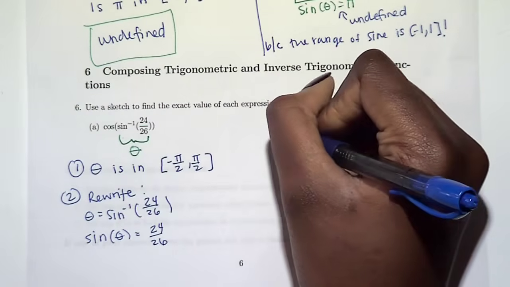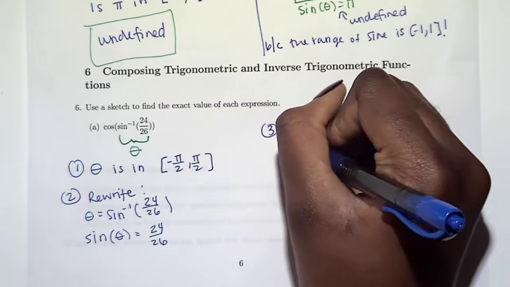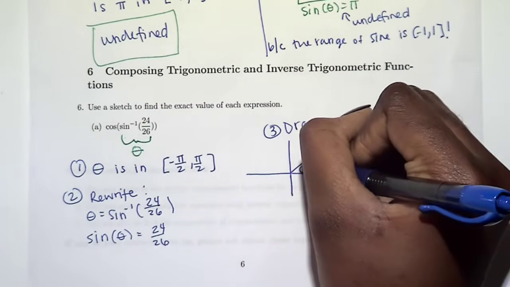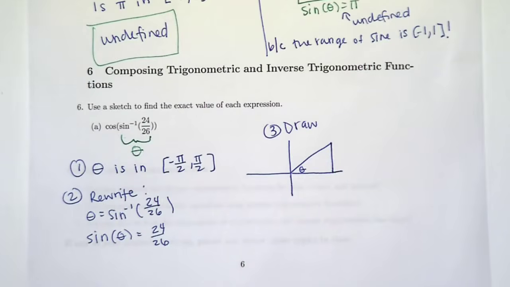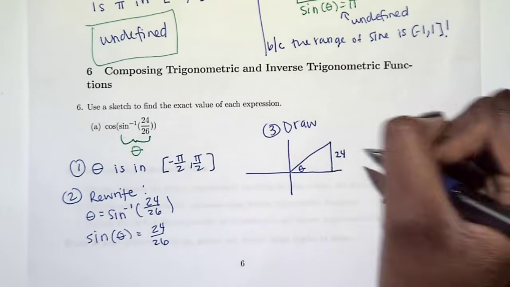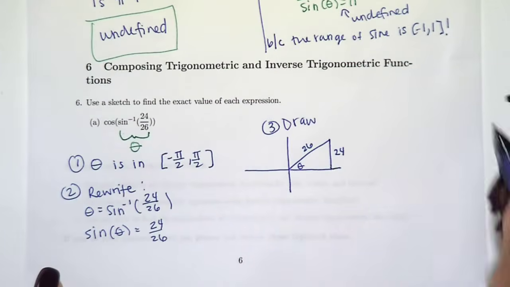All right, so our third step is to draw our triangle in quadrant 1. Here's our angle. We know sine is opposite over hypotenuse. So this is 24, hypotenuse is 26. We can use the Pythagorean theorem.